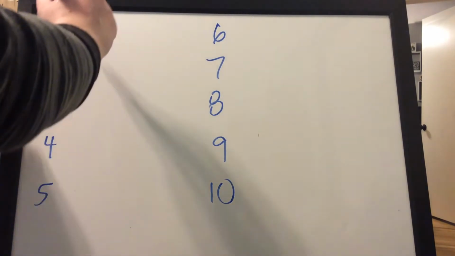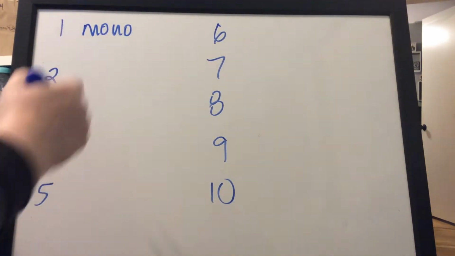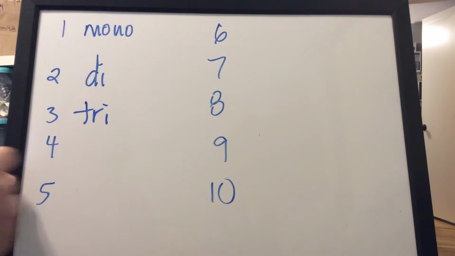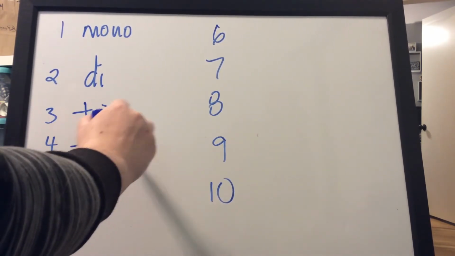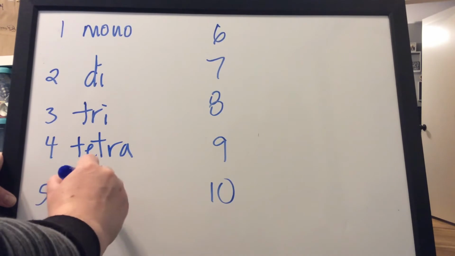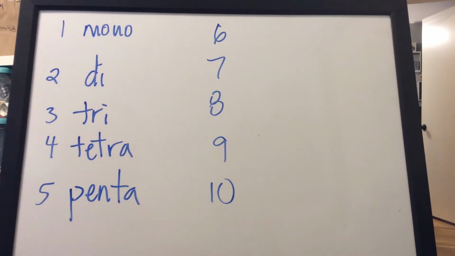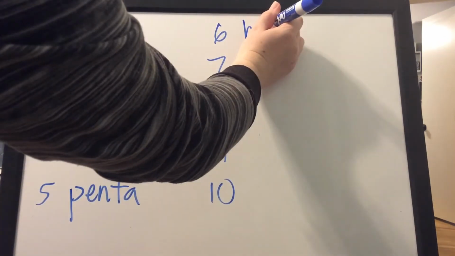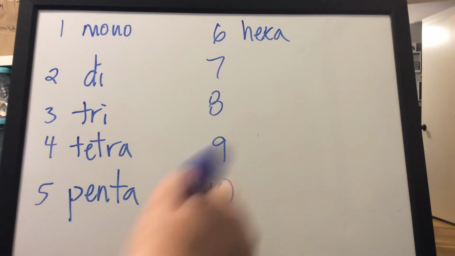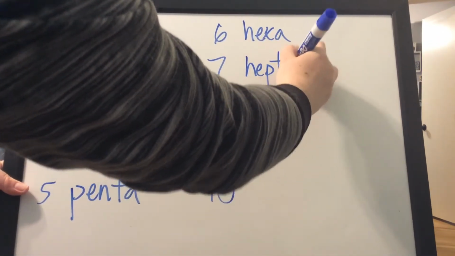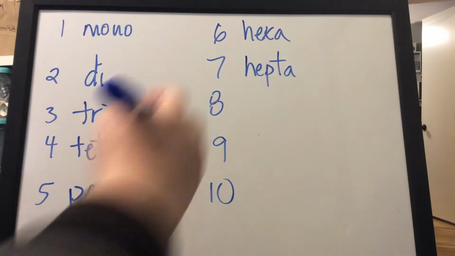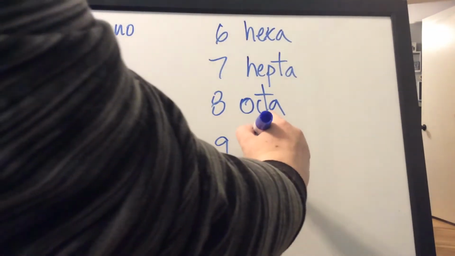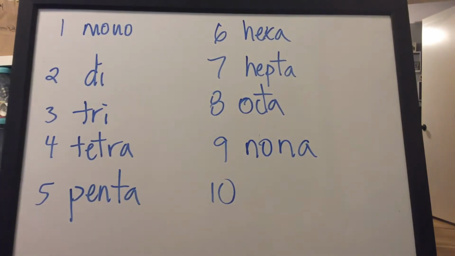So the prefix that means 1 is mono, 2 is di, 3 is tri, like a tricycle, 4 is tetra, 5 is penta, like a pentagon. 6 is hexa, like a hexagon, that's an X. 7 is hepta, that's one that gives students trouble. 8 is octa, 9 is nona, and 10 is deca.